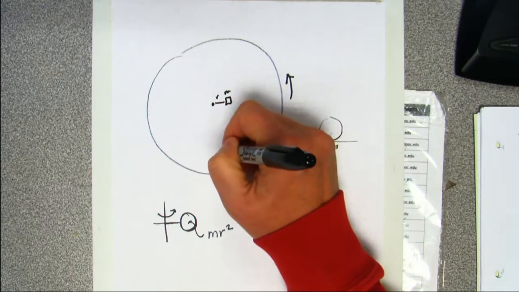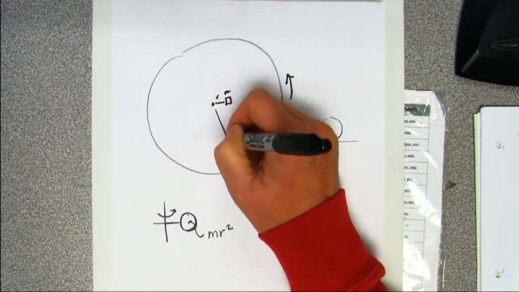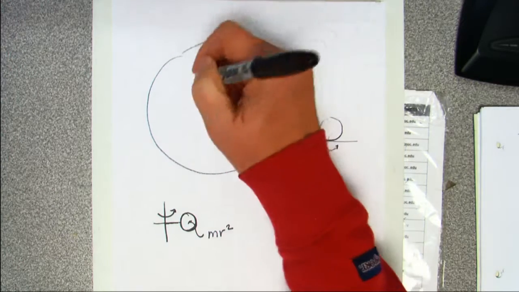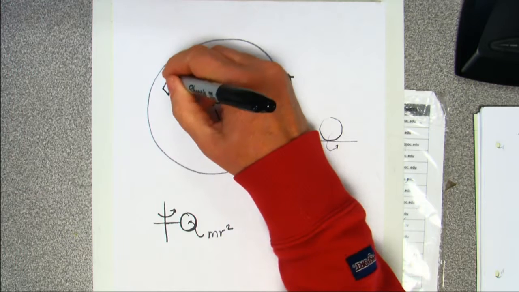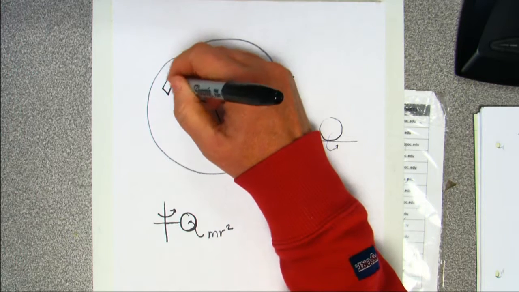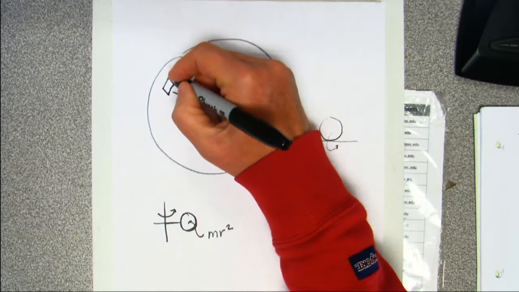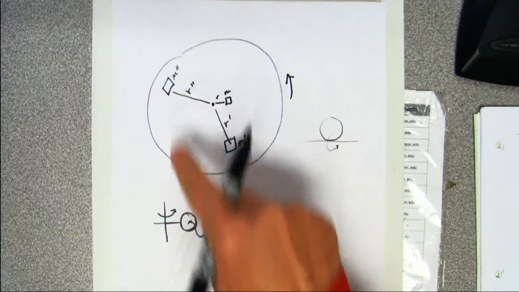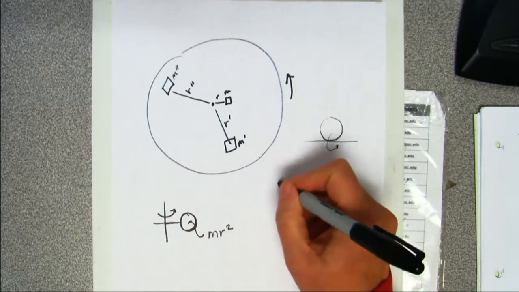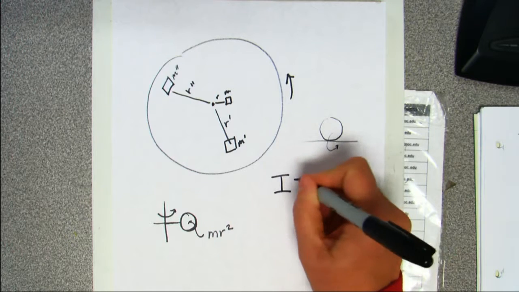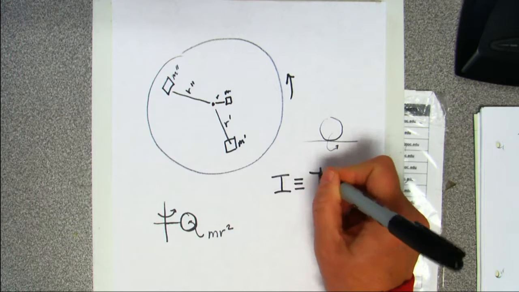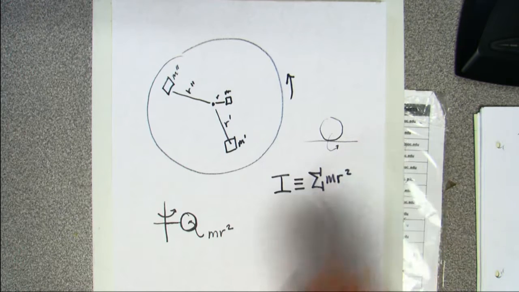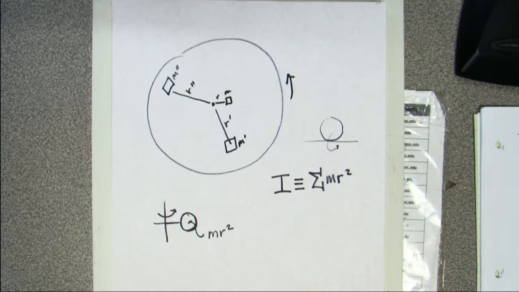I'm going to have another one out here with a different r and a different mass, and another one over here with a different r and mass. And so my total moment of inertia for this disk, which we're going to define with the big letter I, is going to be the sum of all the individual little masses.